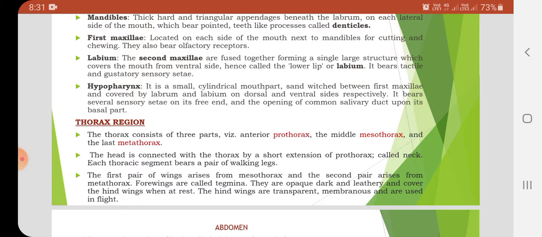The next is the thoracic appendages. These are of two types: walking legs and wings. Walking legs: the thorax bears three pairs of walking legs.